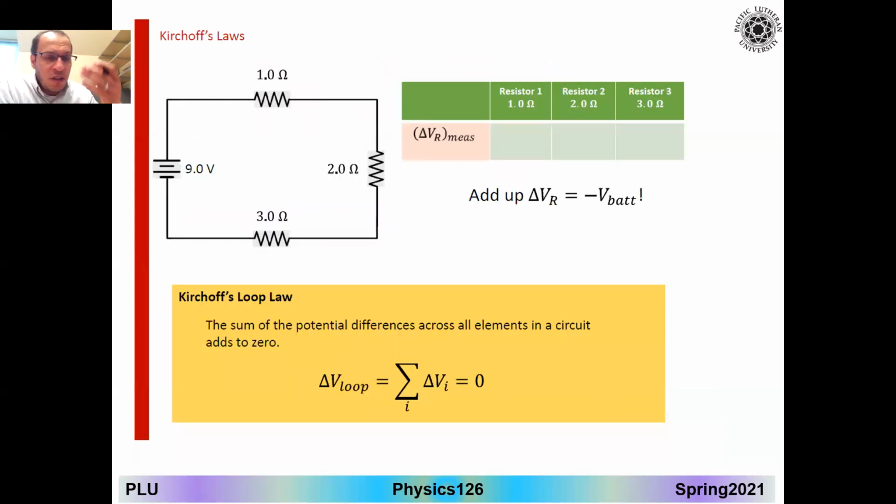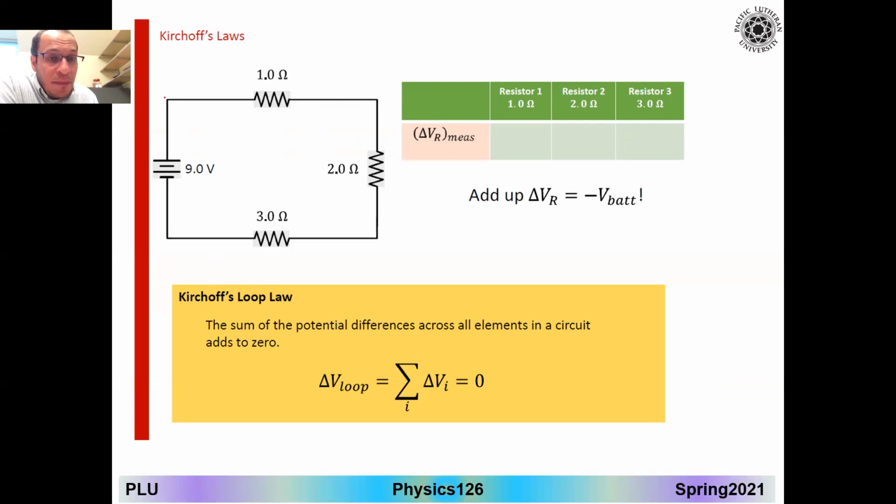Let's move to the second question here, and we're going to deal with the Kirchhoff laws. In this situation, we're going to use the Kirchhoff law for the potential difference. Kirchhoff's law states that the sum of the potential differences across all the elements in the circuit equals 0.